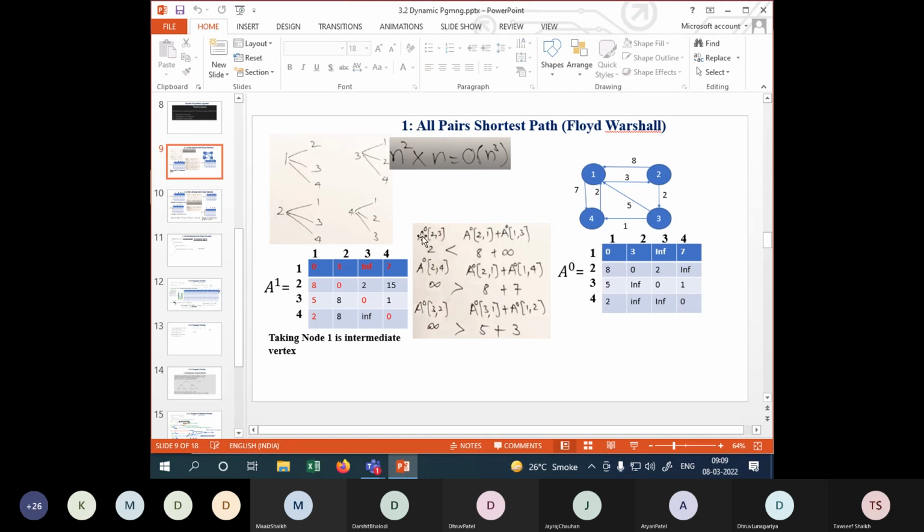You had to perform with this, like this, A0 of 4 comma 3. So it will be equal to how much? A0 of introduce 1 in the middle. 4 comma 1 plus 1 comma 4.